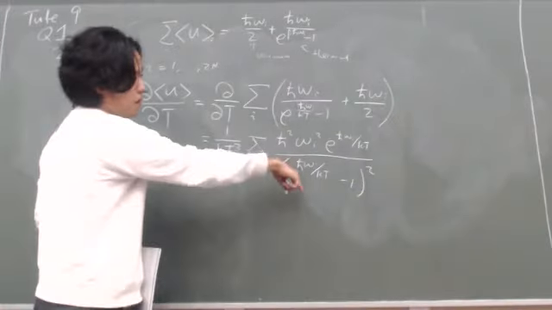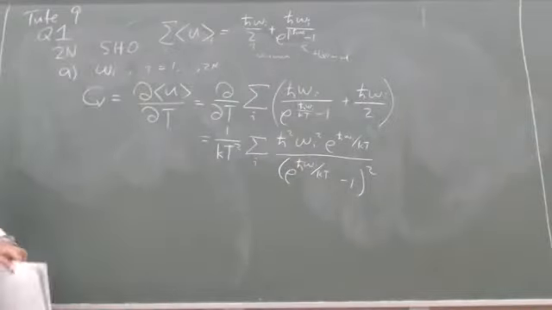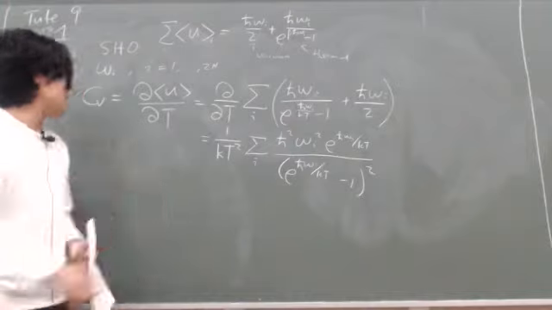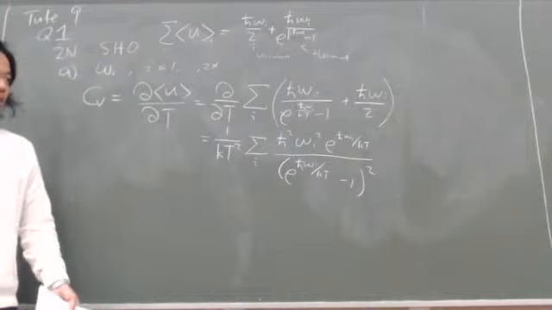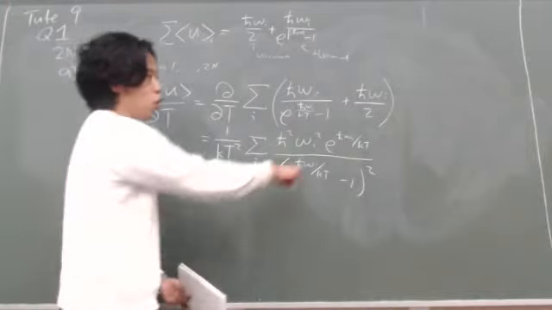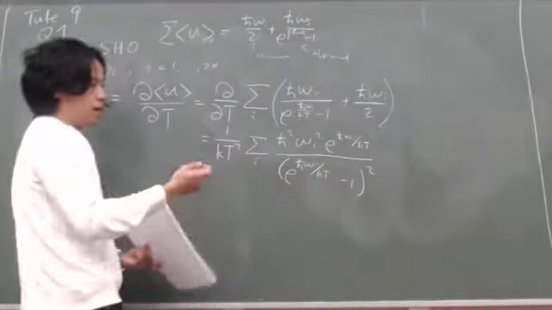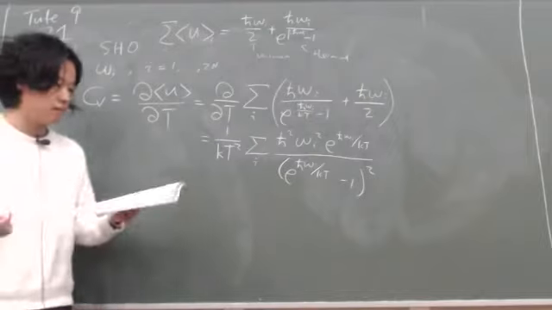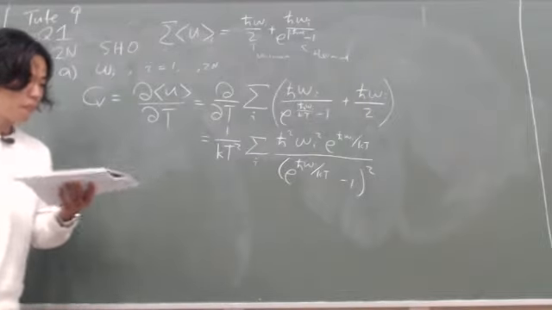So you pick up all these random factors because of the chain rule. But yeah, it's just a derivative. And that's as far as you can go generally, because you don't know what these individual omega I's are, so you can't simplify this summation any further. But that's fine. This is as far as you need to go for this question.